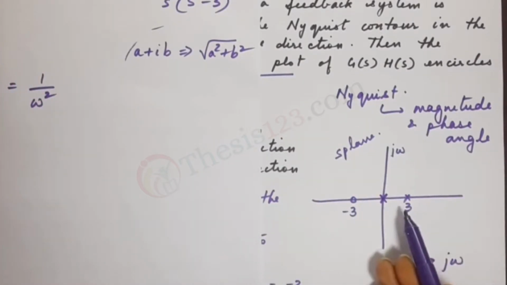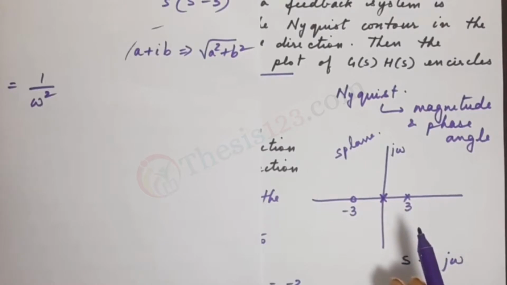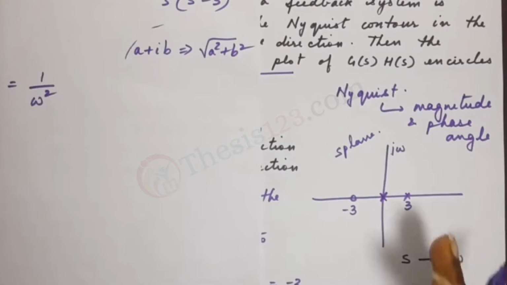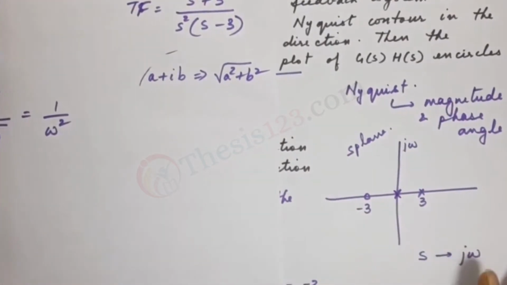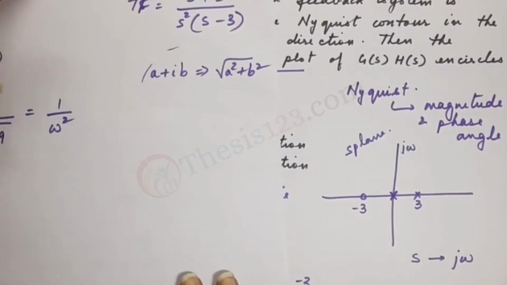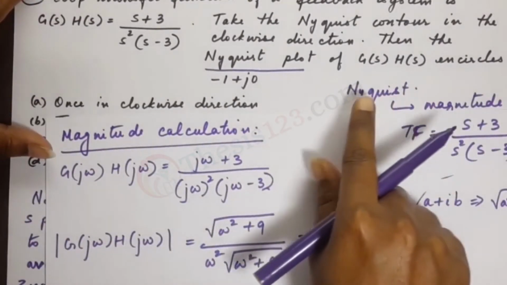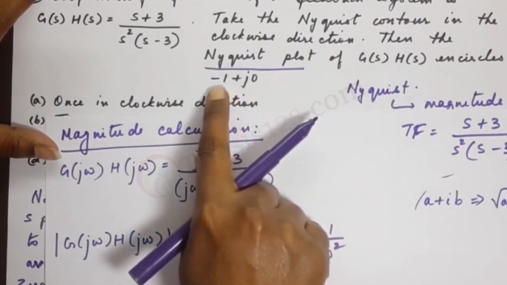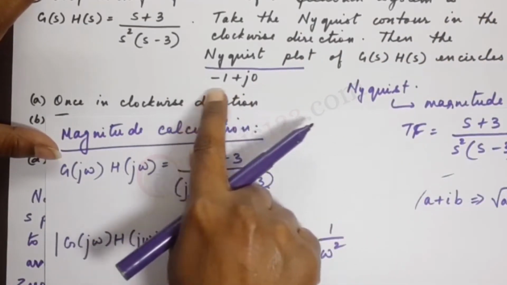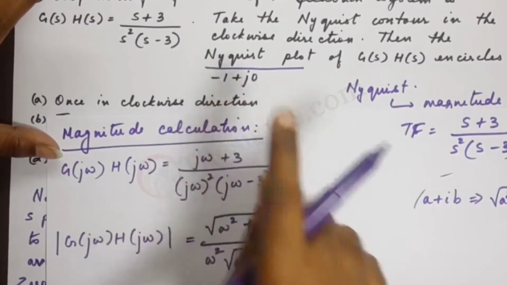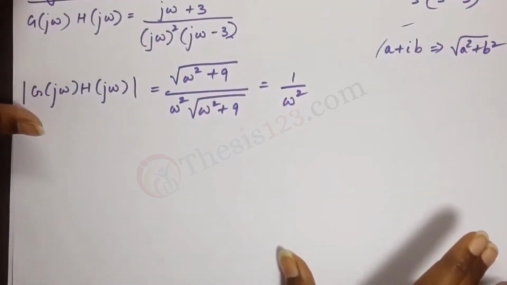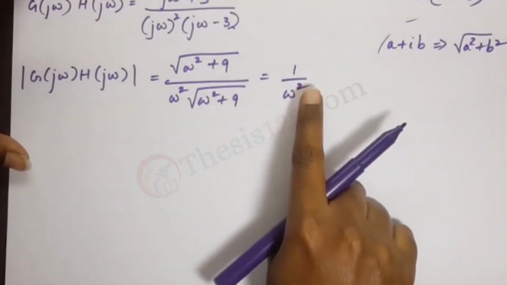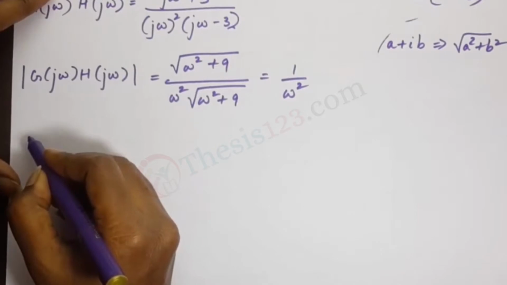In this case, the question already tells us that the Nyquist contour is in the clockwise direction, and we have also been given how it encircles minus 1 plus j0. Let's see how that works out. So we have the magnitude 1/ω². Next, let's find out the phase angle.